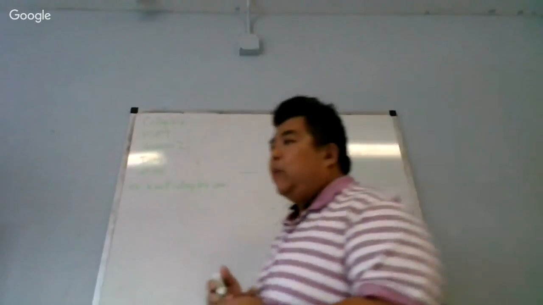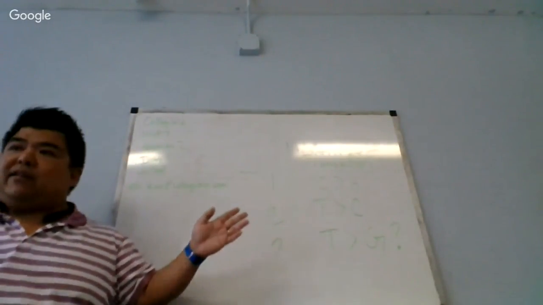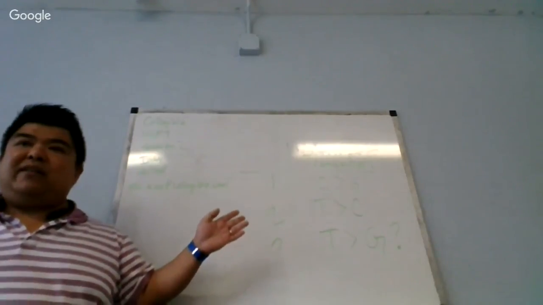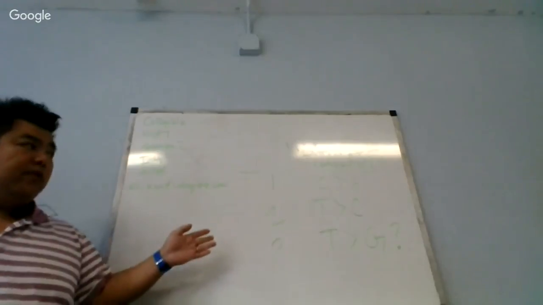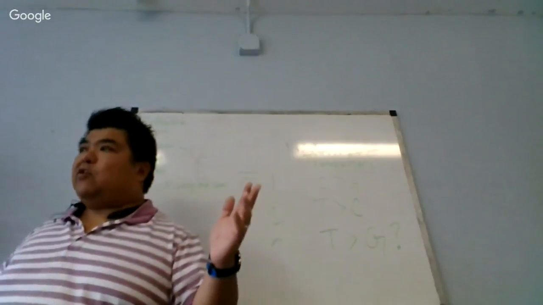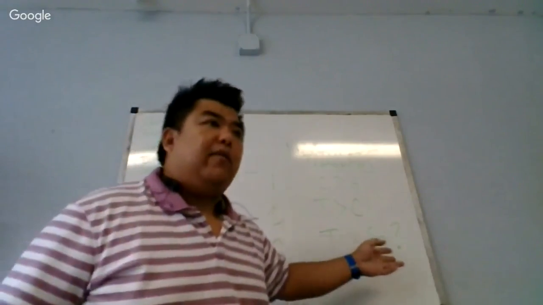Who wants to tell me, looking at this, whether this is true or false? William, did you have an answer? It's true. How many of you agree this is true? That's correct. In the end, Tiffany is taller than Grace.